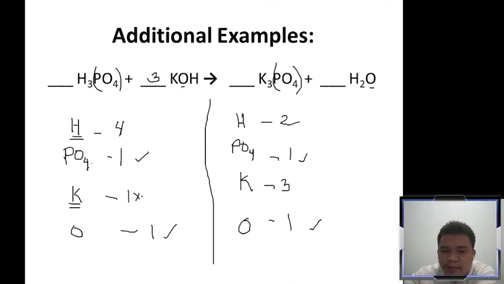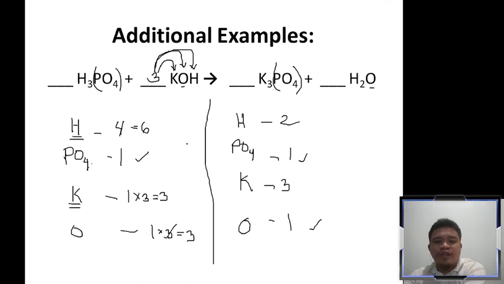It's like multiplying this by 3, which becomes 3. By doing so, I'm also distributing it to the other elements, right? So my oxygen now times 3 becomes 3. And my hydrogen, since I added 3 here and an additional 3 here, now becomes 6. Take note, 3 hydrogens plus 3 hydrogens on this side is now 6. So as you can see, I balanced my potassium already.